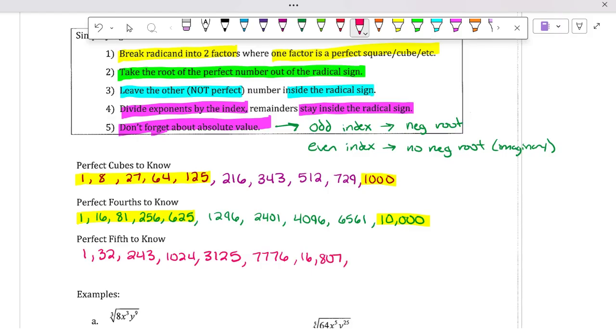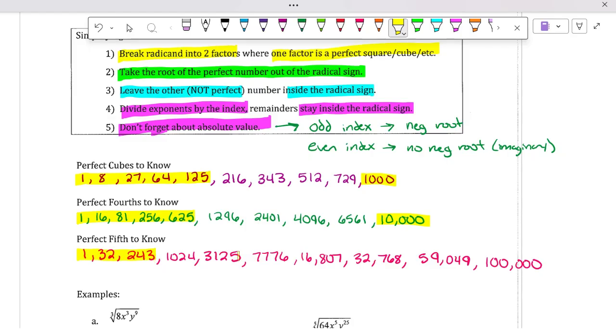7 to the 5th is 16,807. 8 to the 5th is 32,768. 9 to the 5th is 59,049. 10 to the 5th is 100,000. Now, for the fifths, I would recommend at least up till the 3 to the 5th.